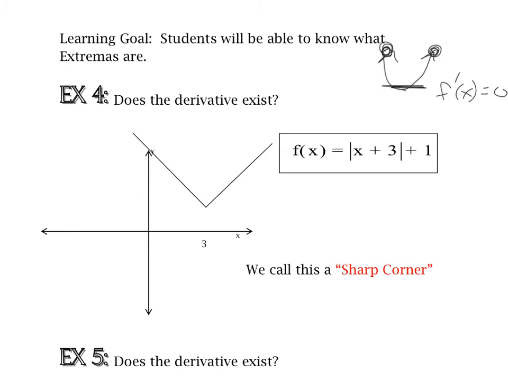So it was either that the derivative was 0, or on the endpoints, which is actually when the derivative doesn't exist because we don't have any information to the left or to the right. So there's another situation where we could get an absolute max or min, and that's when the derivative doesn't exist. And we'll notice right here, the derivative does not exist because, if you think about it, there is no tangent line to this point.